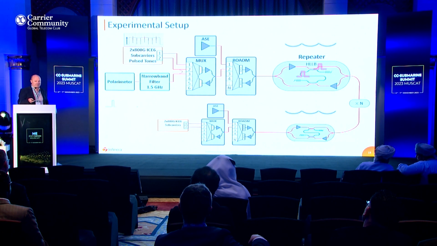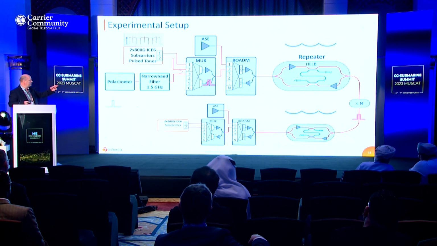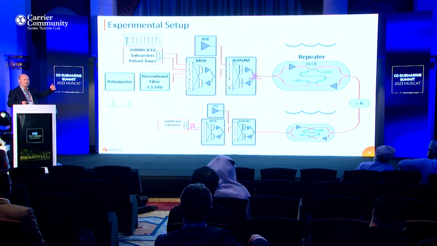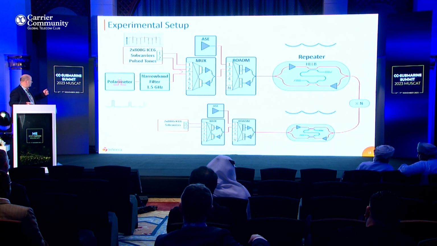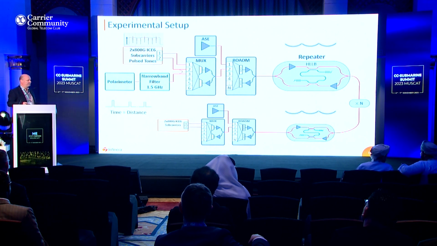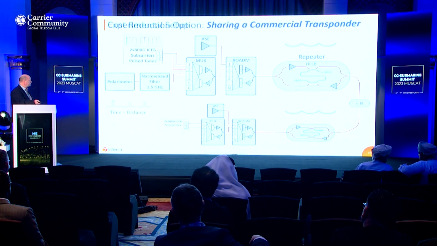So with the high loss loopback, each repeater, each loopback will send a pulse back, and you will have a time separation of the same pulse for each repeater. Time equals distance.